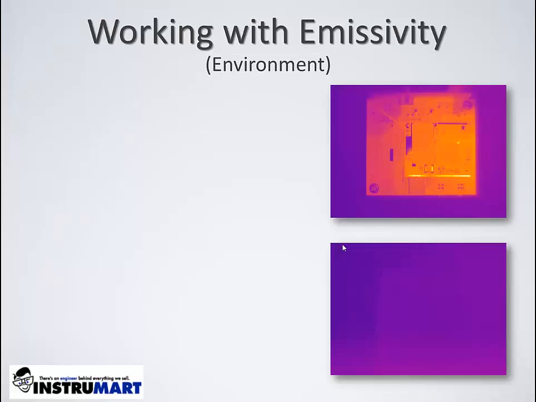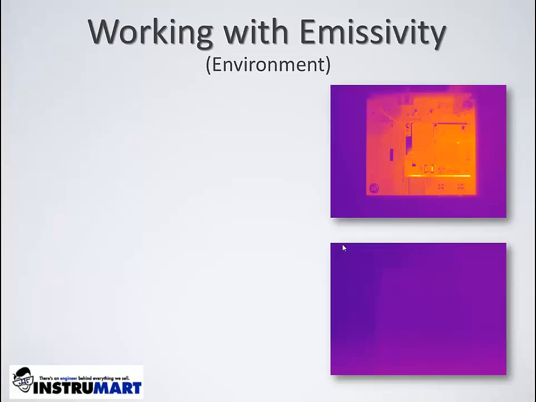Once again, that means uniform temperature across my printed circuit board. The top right thermal image was taken with the PCB exposed to the environment of the lab. And just like before, there is substantial color variation or apparent temperature variation across the board. Like before, this variation is a result of reflected radiation.